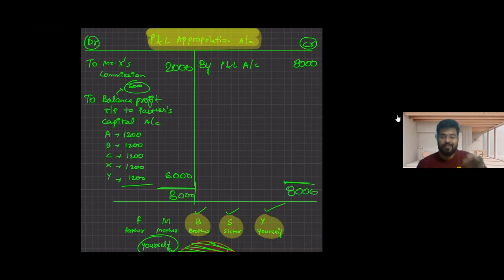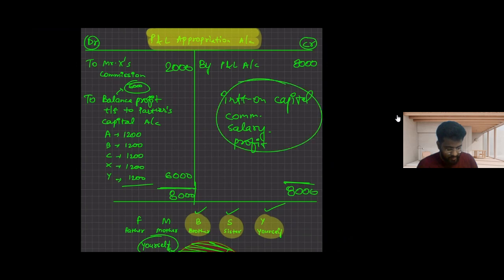So whatever is related to the partners, as I said, whether it is an interest on capital, a commission, a salary, or a profit itself, everything related to partners will come in the P&L appropriation account, because you are the owners of this business.